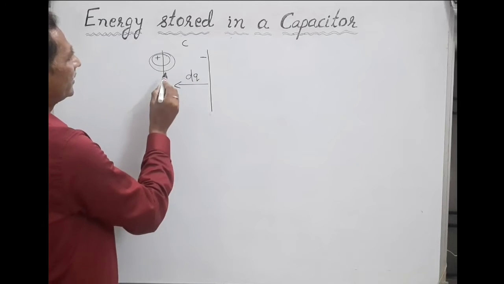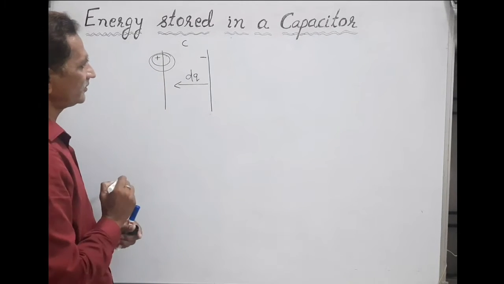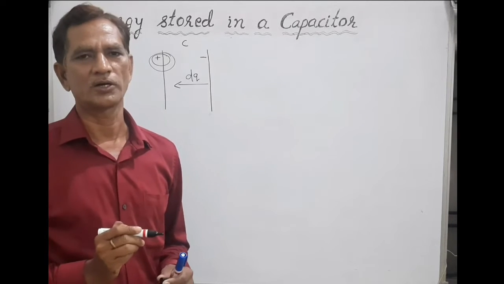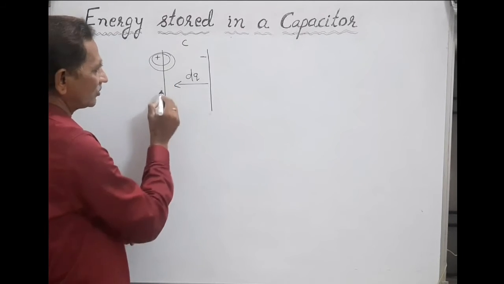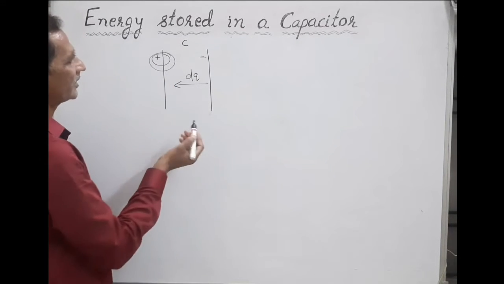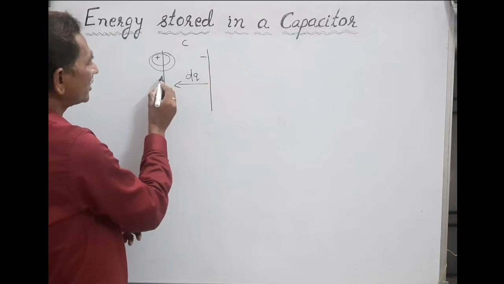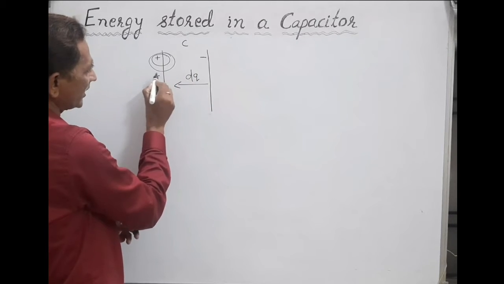So to transfer the dq charge, we have to do external work. Then it is possible to transfer the charge. In this way, we can transfer a number of positive charges from this plate to the other plate.